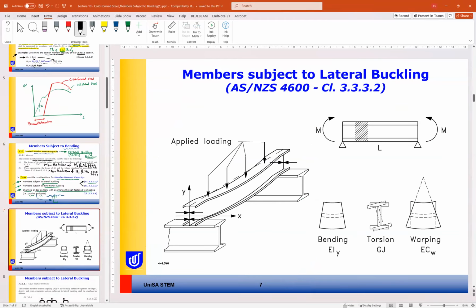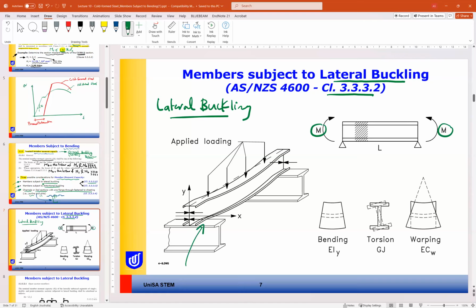For a member subjected to lateral buckling, covered by clause 3.3.3.2, what does lateral buckling mean? Lateral buckling, or flexural torsional buckling. When you apply moment to this beam, what happens to the beam?